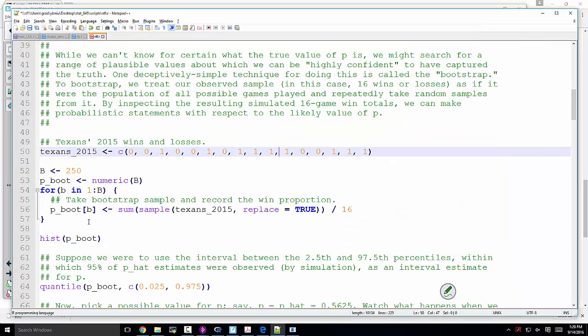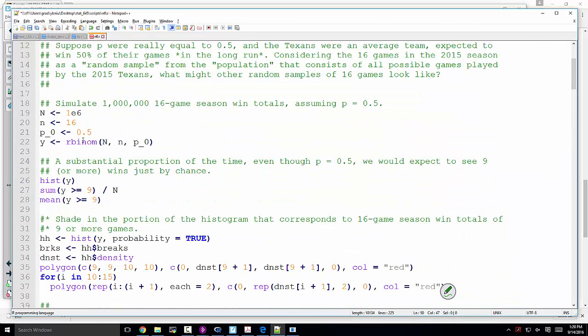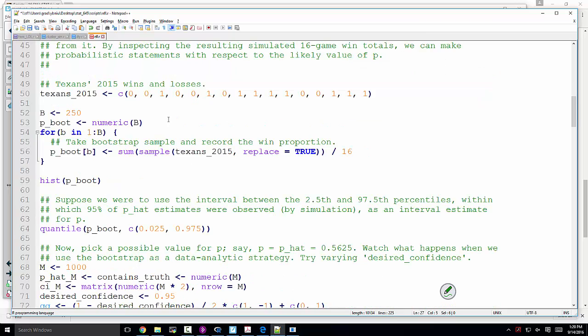So just like we did with the binomial simulation up here, we simulated lots of samples like ours, and for each one of them we asked, was the win count bigger than or equal to 9? Here's how I can do that without knowing the actual distribution that applies.